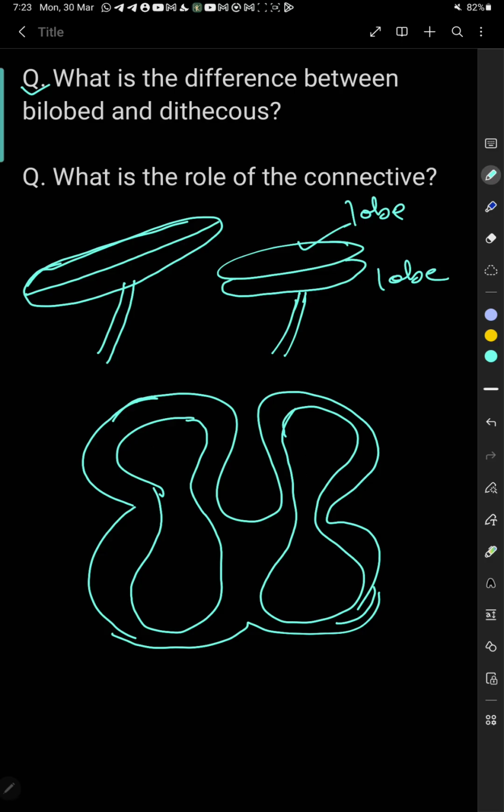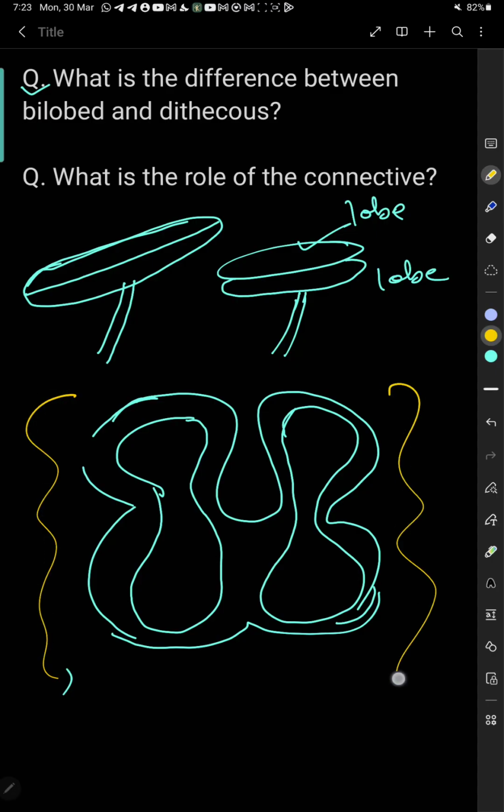Each lobe, this is one lobe, this is another lobe, and in each lobe two chambers are there. You can see this is one chamber, this is another chamber. So the chambers are known as theca. So it is dithecous. Each anther consists of two lobes, two projections, and each projection consists of two chambers, and the chambers are known as theca.